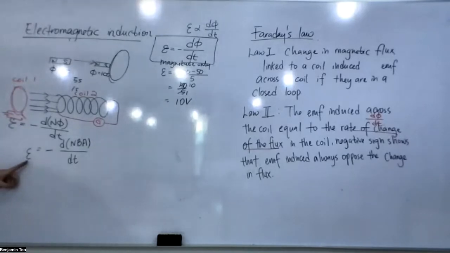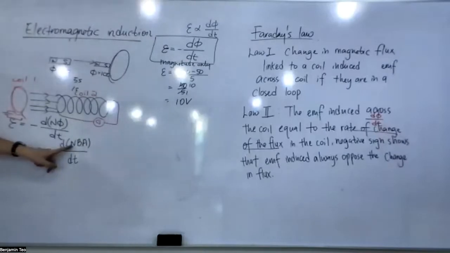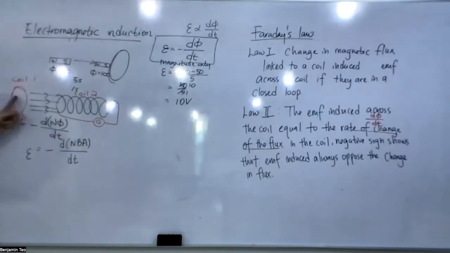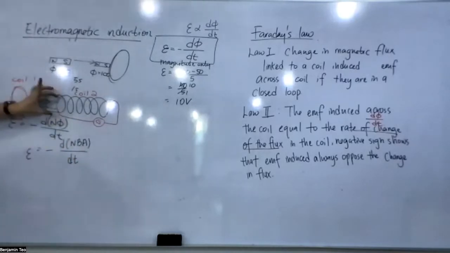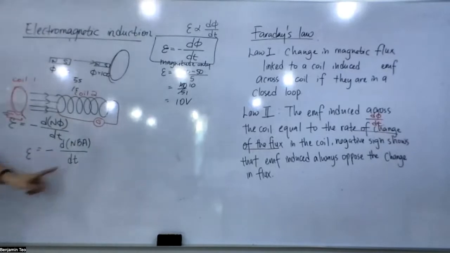The EMF produced in this coil, where is it produced? In coil number 2. It can be calculated by the number of turns of coil number 2, B, which is the B from coil number 1 or any incoming field, area, which is the area of coil number 2, and dt.